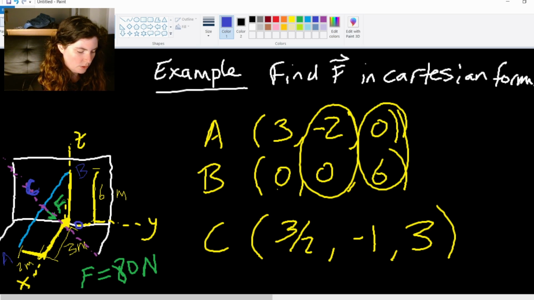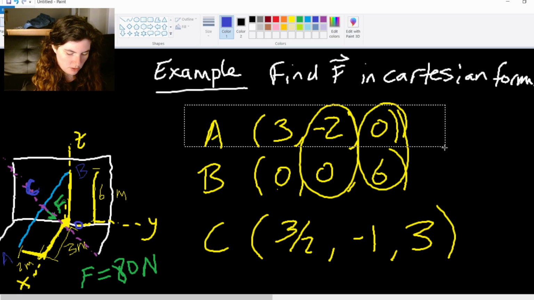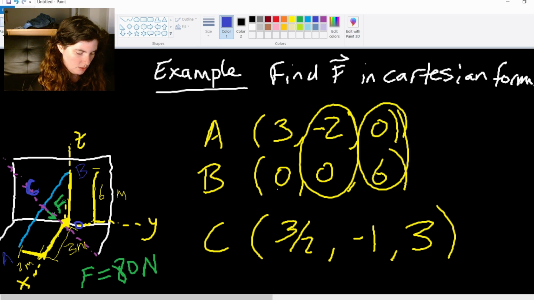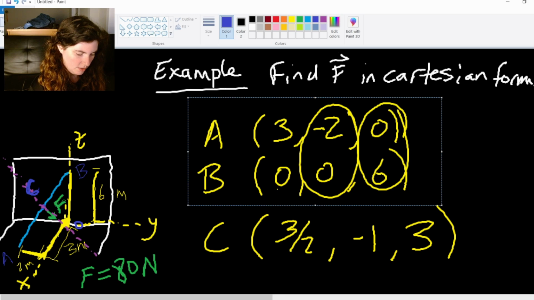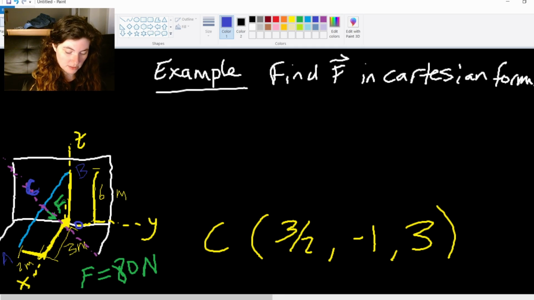So now that we have where this midpoint is, we're going to find the position vector from C to the origin. So I'm just going to call it RC for simplicity.